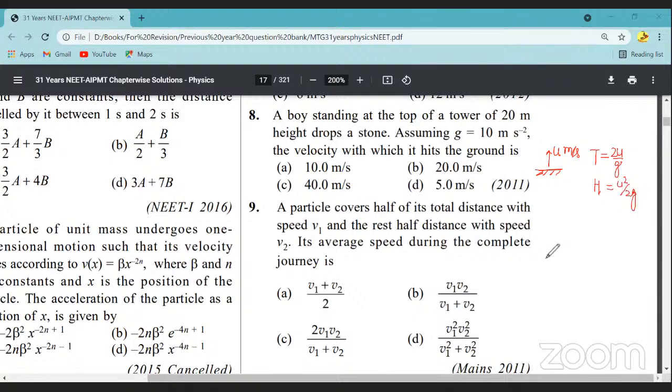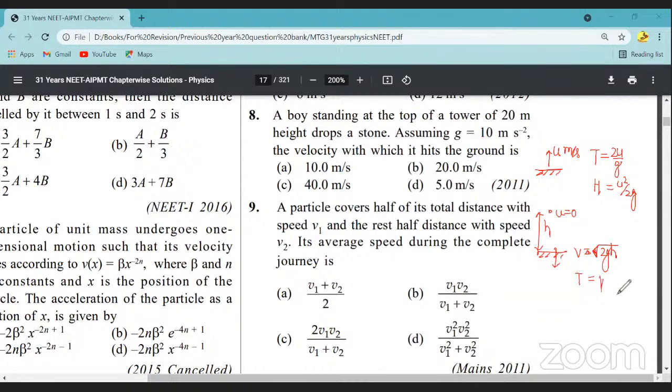Similarly, I had told you to remember 2 more formulas. If the ball is dropped from height h, velocity when it reaches the ground, how much? Root 2gh. And time of flight, how much? Root of 2h by g. These 4 things I had told you to remember.